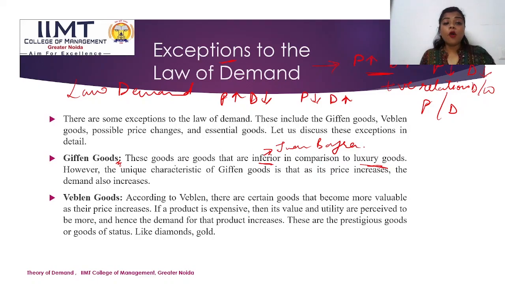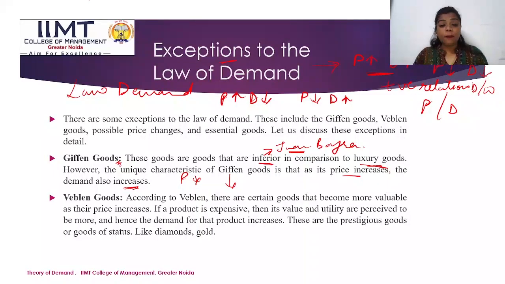And if I talk about Giffen goods, these are lower than the inferior goods also. So as the price of the Giffen goods increases, the demand will increase. If the price increases, the demand will automatically increase. And if the price decreases, demand will also decrease.